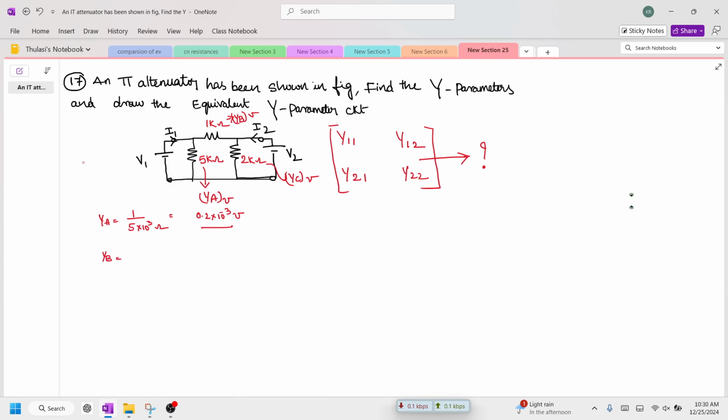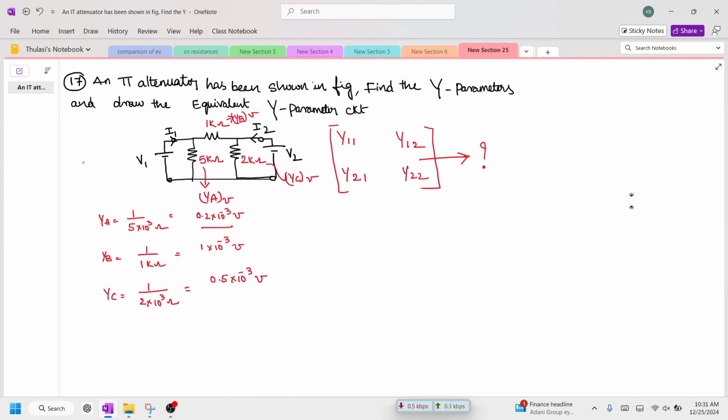YB is equal to 1 by 1 kilo ohm, which is nothing but 1 into 10 to the power minus 3 mho. And what is the value of YC? YC is equal to 1 divided by 2 into 10 to the power 3 ohms. So 1 by 2 is 0.5 into 10 to the power minus 3 mho.